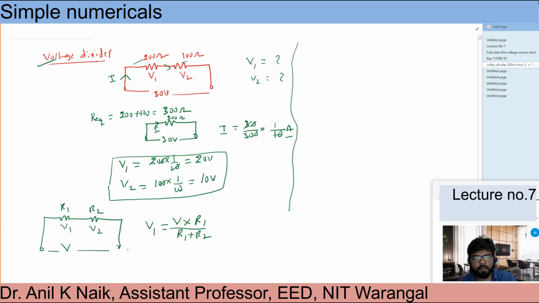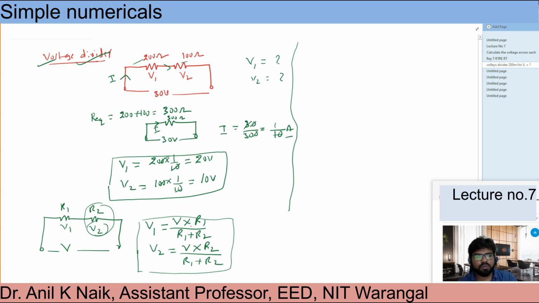Suppose I want to find V2, then again the supply voltage times R2 by R1 plus R2.